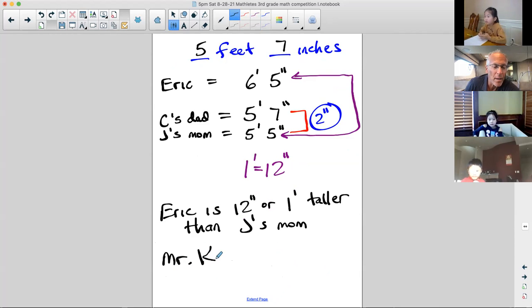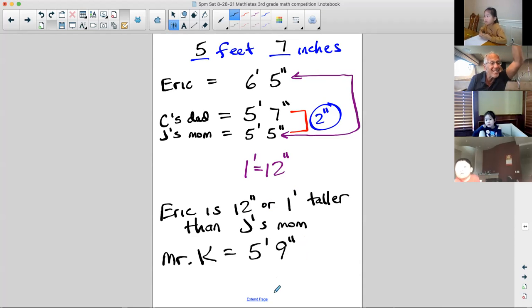Now, my next question for you is this. Mr. Kramer is 5 feet 9 inches tall. Now the question is, how much taller is Eric than Mr. Kramer? So remember, Eric is my nephew. I knew him when he was this small.